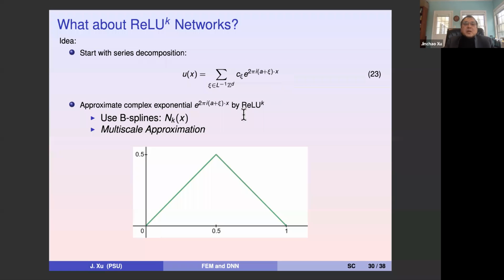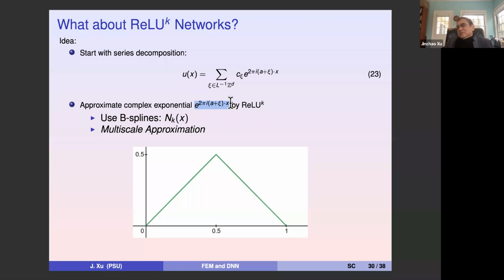And then you approximate this particular function, e to the 2 pi i, this function. It's a one-dimensional, very smooth function, by a multigrid expansion, using the B-spline to do the multigrid.